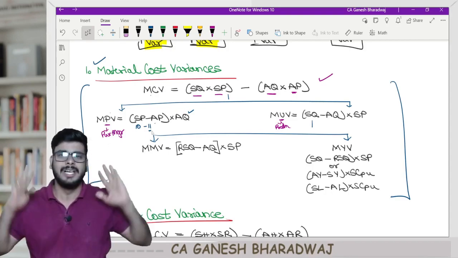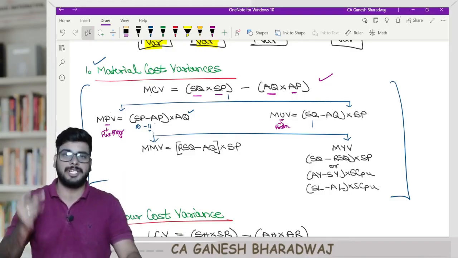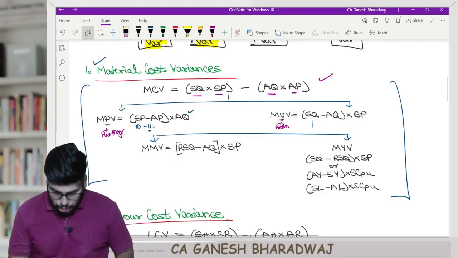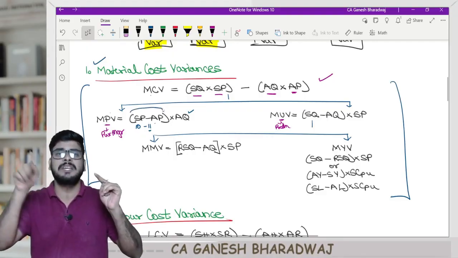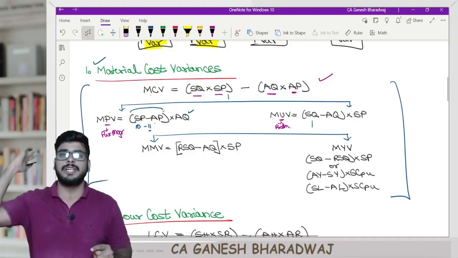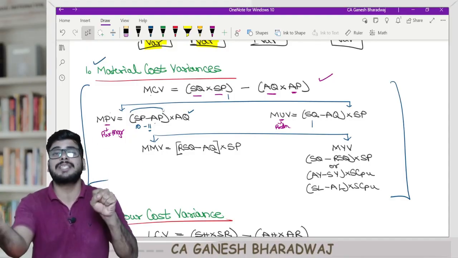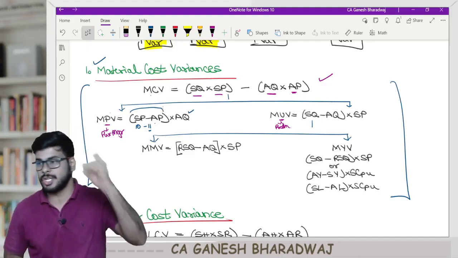Whatever quantity the production manager tells, those many quantities he needs to purchase at his particular discretion. That is what? His particular price. So his responsibility lies only with respect to the price. Multiply that with whatever actual quantity he has been asked to purchase. So here the purchase manager is actually dependent on the production manager for the quantity decision. Are you clear with this?